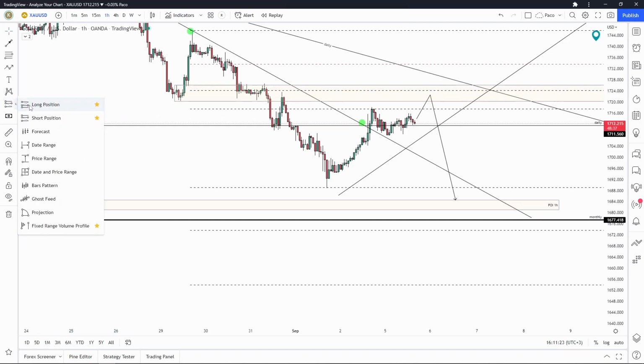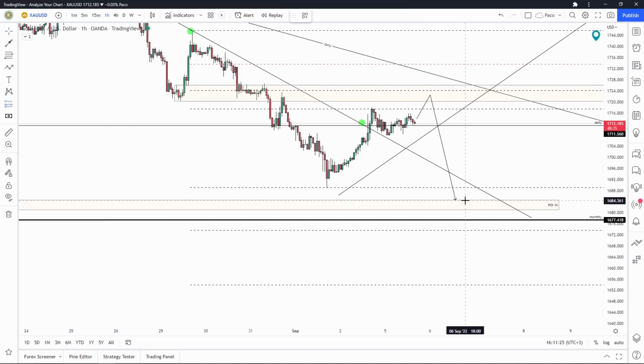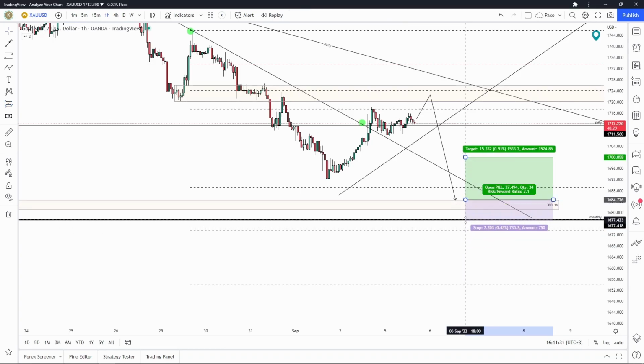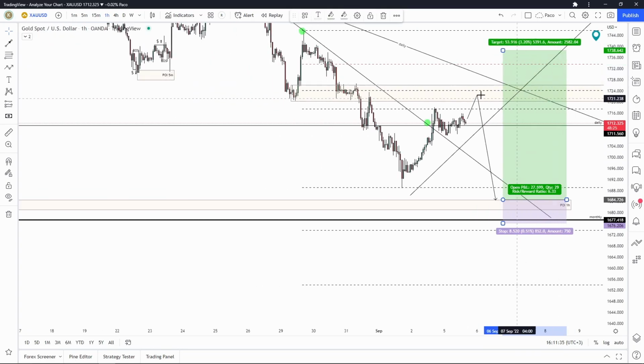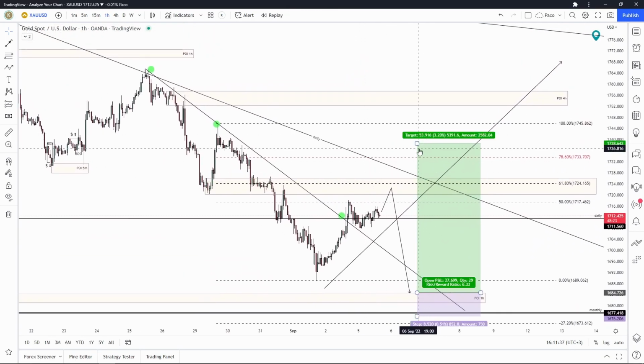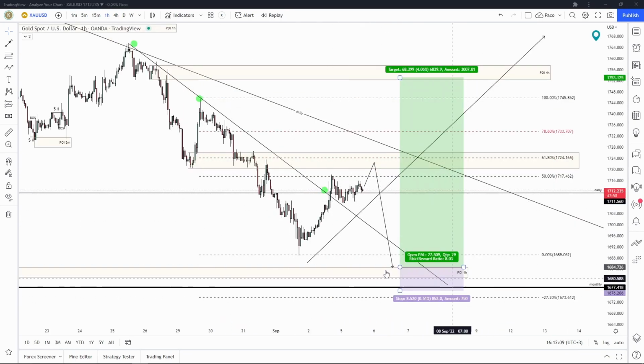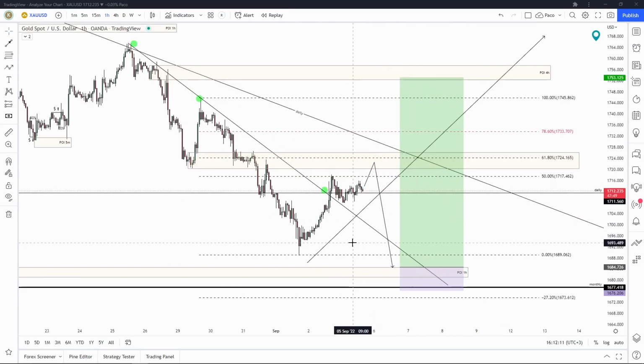My bad, a long position, and the stop loss would be under this monthly level, and the take profit will be to this zone right here. This monthly level right here matches with what we expect.